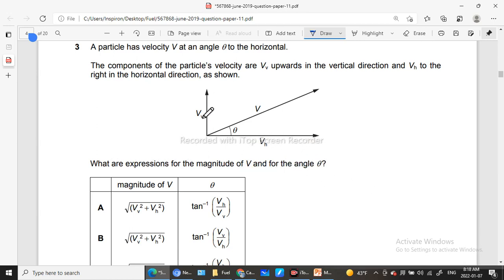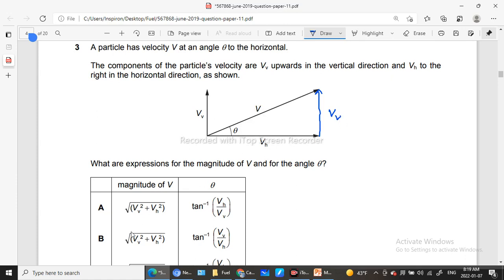VV and VH are the components of V. So if we add this vector VV to VH, we obtain a right triangle. According to the Pythagorean theorem, V squared equals VH squared plus VV squared.